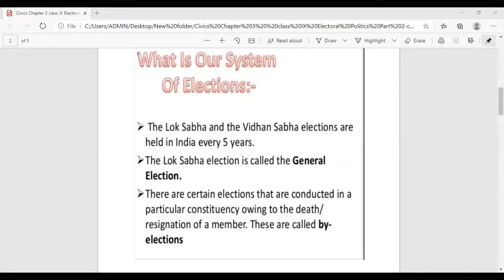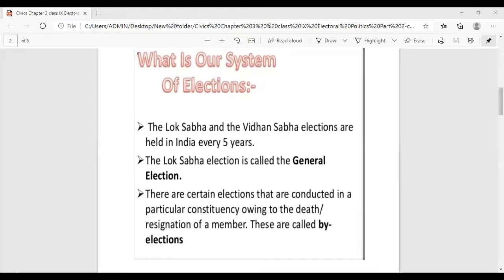General elections are the elections that are held every 5 years when the parliament completes its full term. Every 5 years, the Lok Sabha and the Vidhan Sabha dissolve and the people elect new representatives.